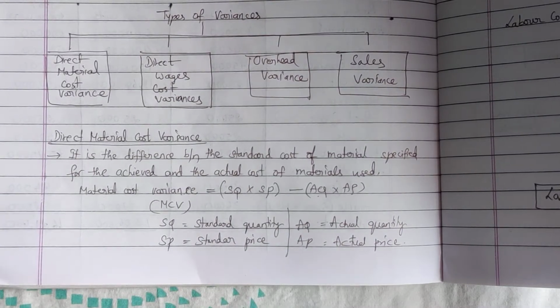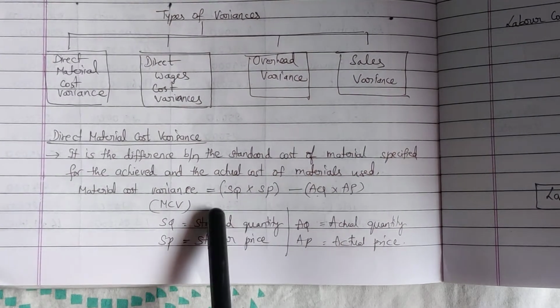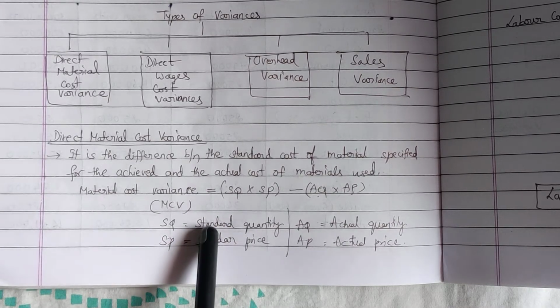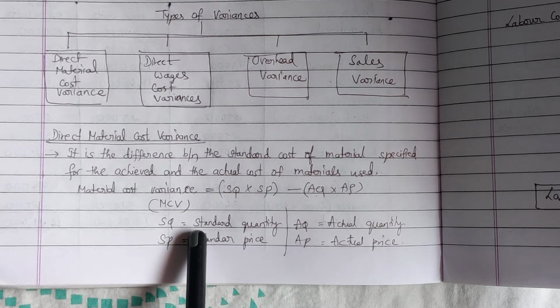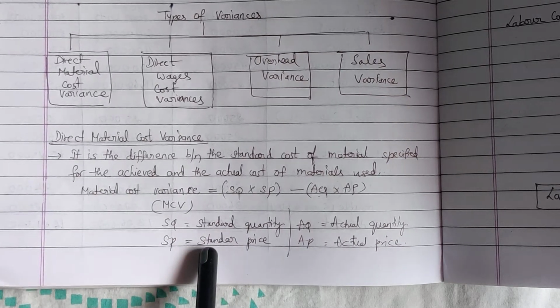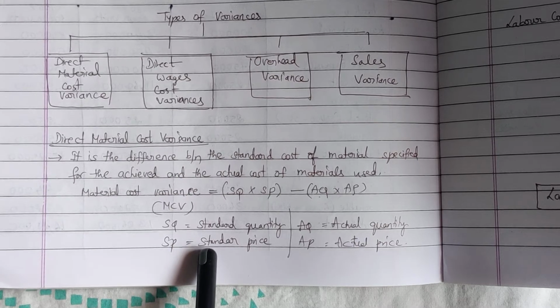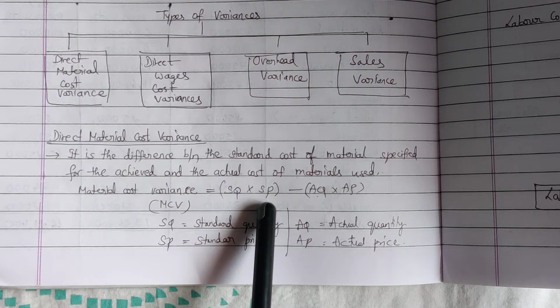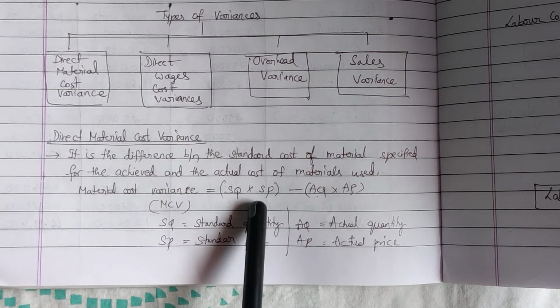So first we estimate, to produce this many units, how much quantity of raw materials we require. We estimate that, and what is their standard price, and we find out the standard cost of materials here.